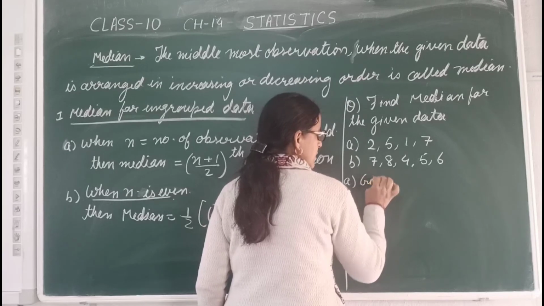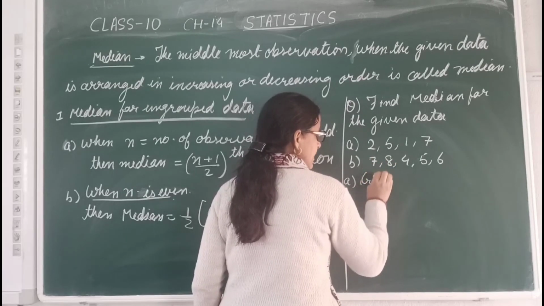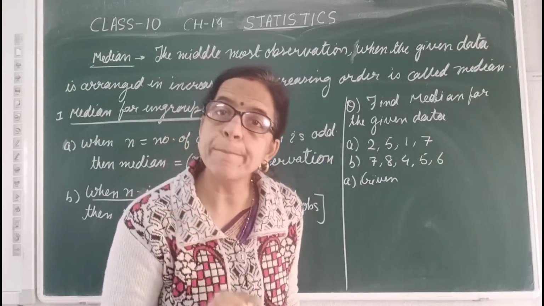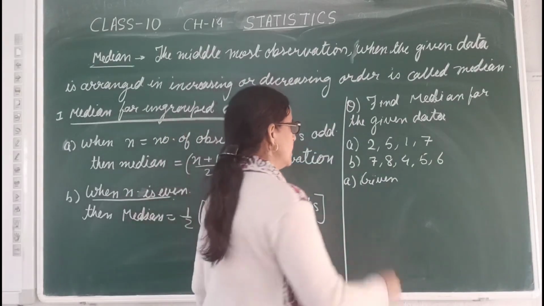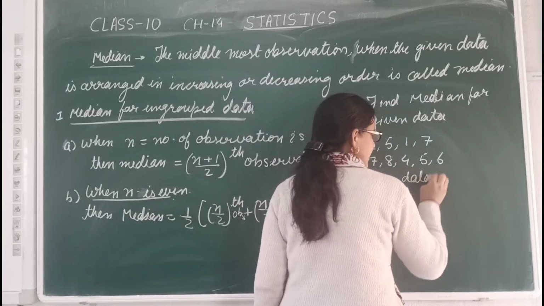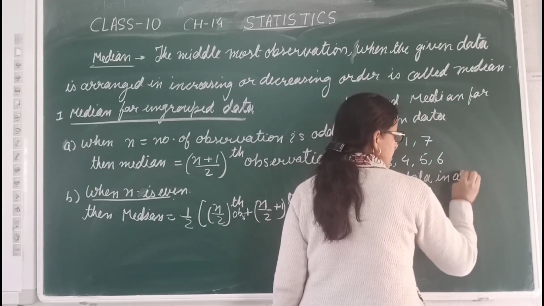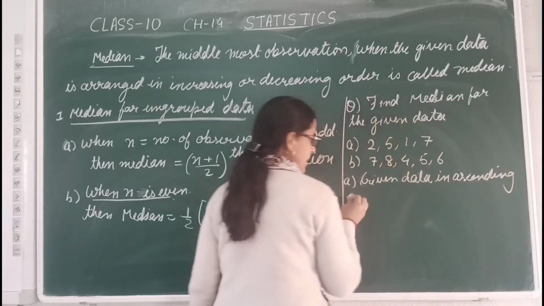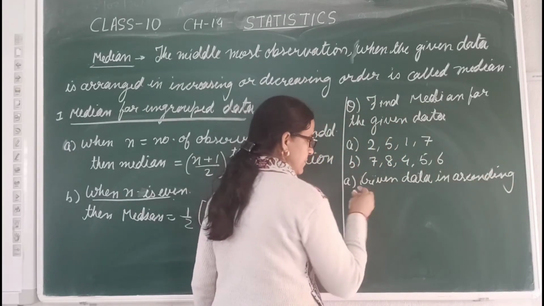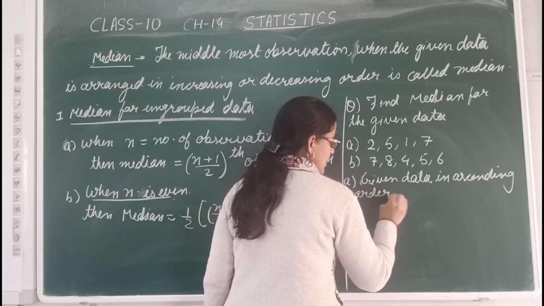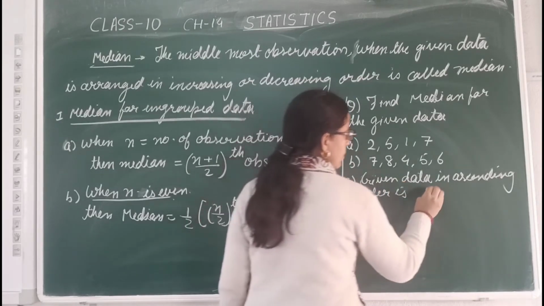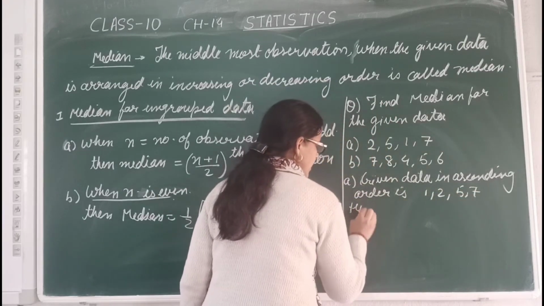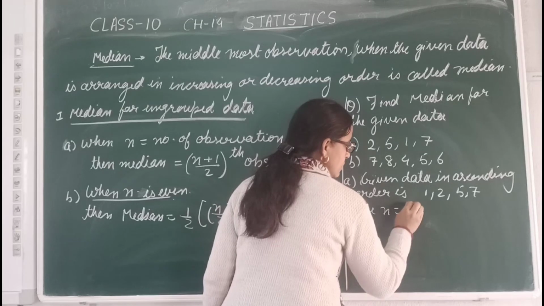Given data, the first step is to arrange. For median, arranging of the data is compulsory. Keep in mind. Giving data in ascending order. I am arranging in ascending order. You can arrange in descending order as well. Ascending order is 1, 2, 5, 7. Now here n equals 4.